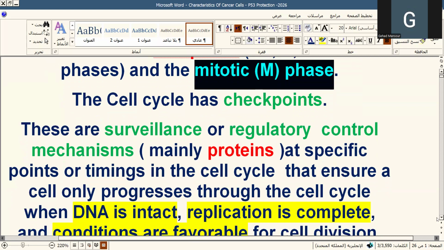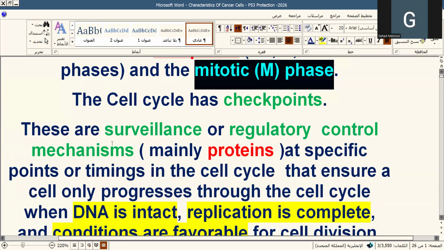But since every cell cycle is an important event in the life of a cell, and since it has to be done in a very accurate way in order to prevent the emergence of abnormal or damaged cells, there should be strict follow-up from the proteins and enzymes in the cell. These regulatory proteins and enzymes are called the checkpoints.